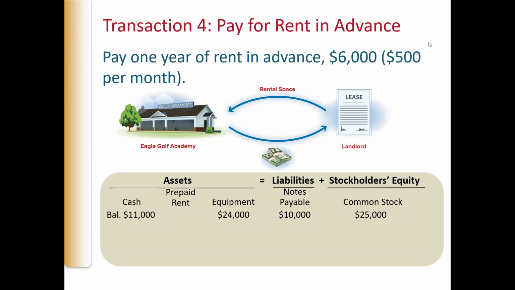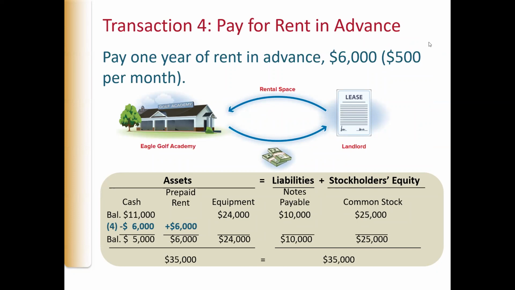So Eagle paid 1 year of rent in advance, $6,000. We need $500 a month. We paid $6,000. That increases the account called prepaid rent, and it decreases cash, but we still balance.